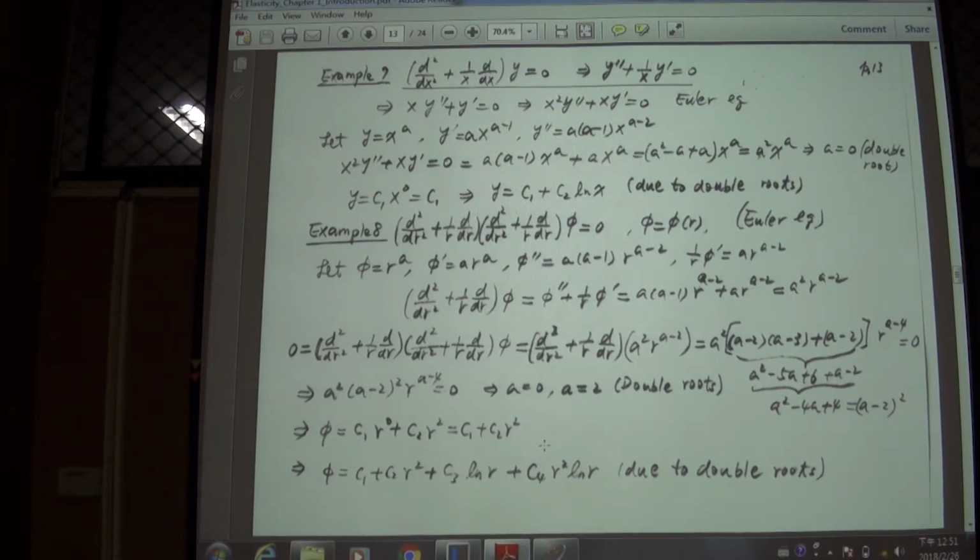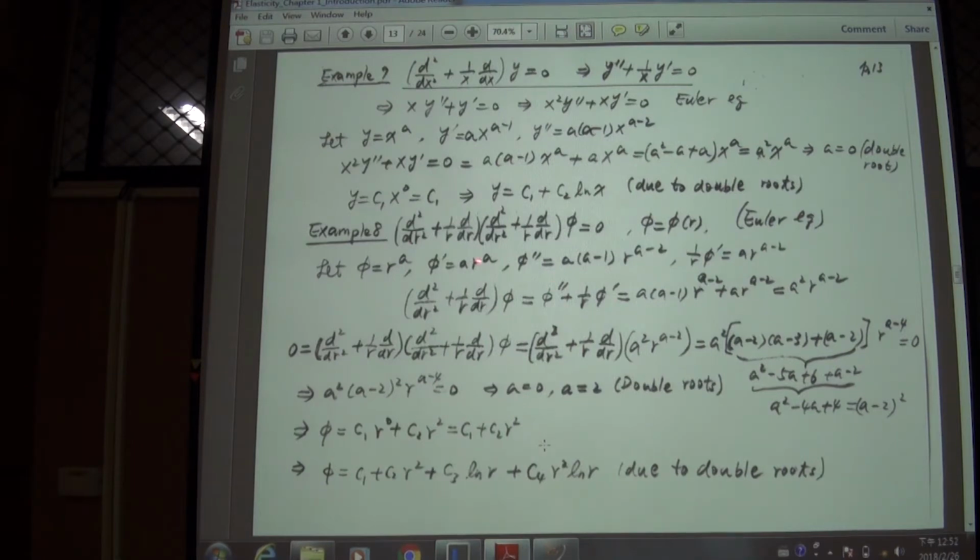Now we take out the common term x^a to get the coefficient equation. But now minus a and plus a cancel out each other, so we get a squared only. Again, x^a is not equal to 0, but the whole thing equals 0, so a squared equals 0. So we get a equals 0 as a double root, because we have a squared here.